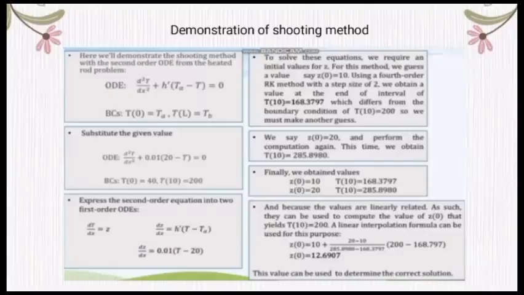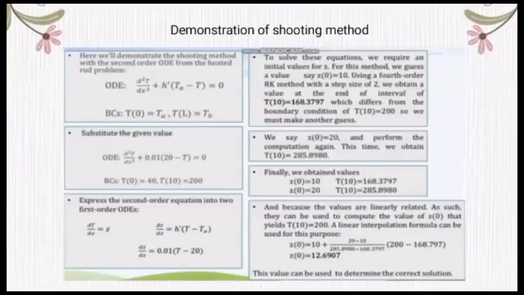We let Z be the derivative of T, and the derivative of Z is equal to h prime times T minus T alpha. Then substitute: dZ over dx is equal to 0.01 times T minus 20. To solve these equations, we require an initial value of Z. For this method, we guess a value, say Z of 0 is equal to 10.